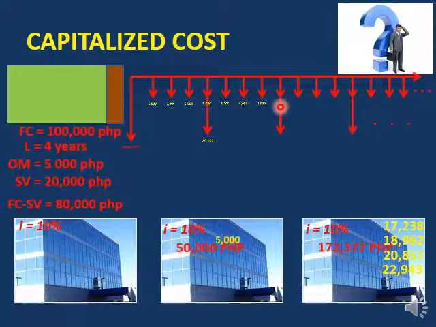By this time, Pedro needs another operating maintenance. This operating maintenance may not be used for lubrication or minor repair because the machines are already scrapped. This amount may be used for other maintenance, amounting to 5,000 pesos. By this time, Pedro needs 80,000 pesos because he just sold the photocopier for 20,000 pesos. So he needs another 80,000 pesos in order to produce 100,000 pesos to buy a new photocopier.